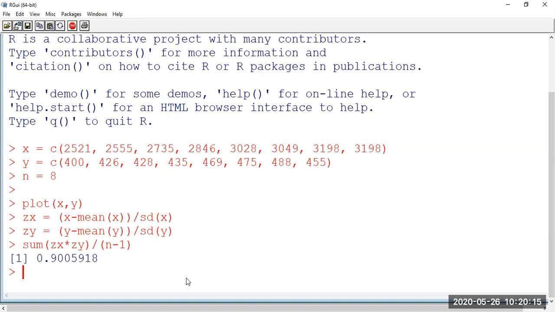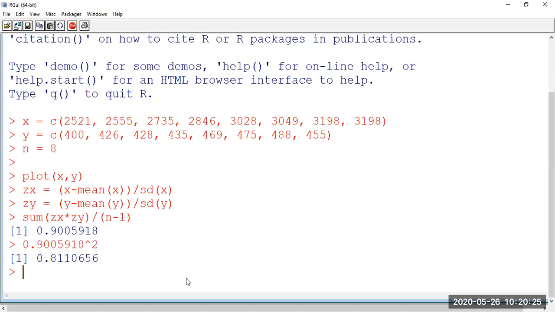Also, if you square this, 0.9005918 squared, we get R squared is 0.8110657, which indicates that 81.11% of the y values are explained by the x values. So that is the meaning of R squared. It's going to give us the percentage of values.